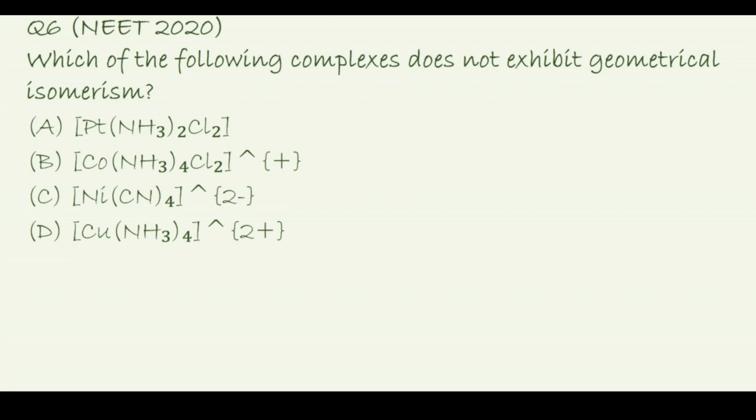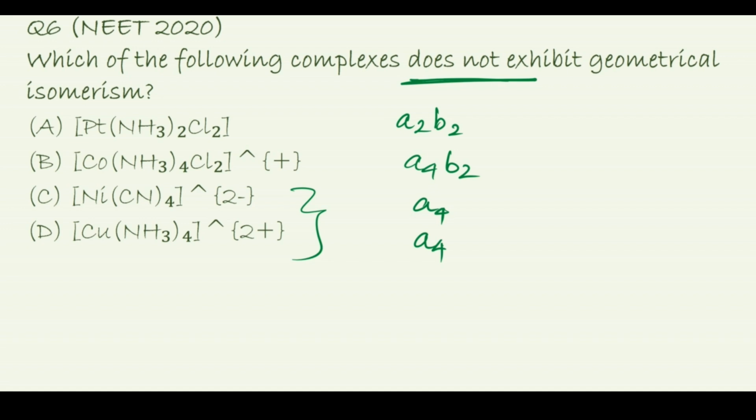Which of the following complexes does not exhibit geometrical isomerism? The first one is M2B2 type, the second one MA4B2 type, and the third one MA4, and the fourth one is also MA4. They are asking which does not. So the answer should be from these two only. Both are MA4, but we know only square planar complexes will show geometrical isomerism, not tetrahedral, right?